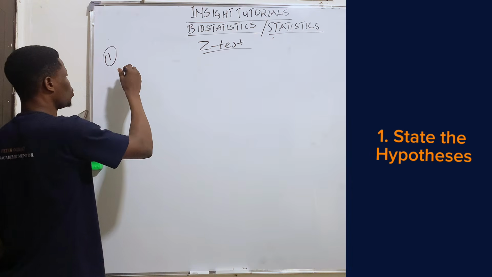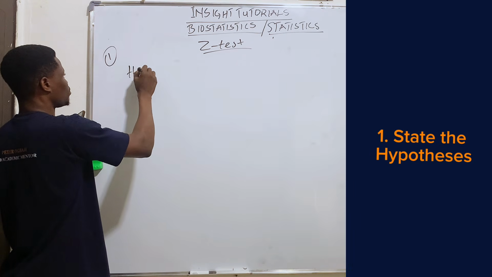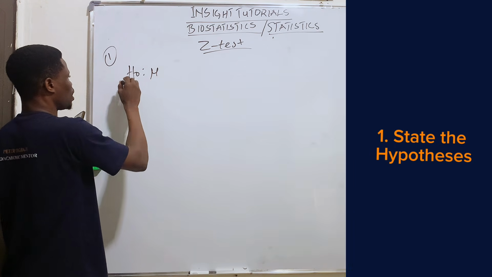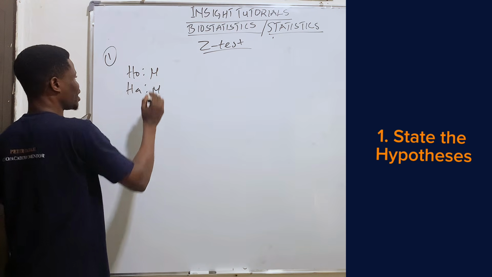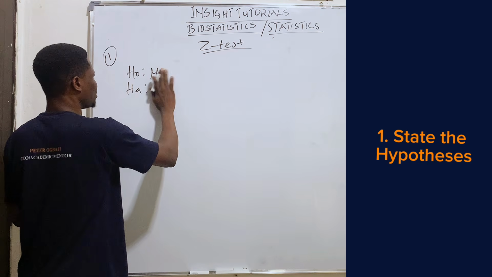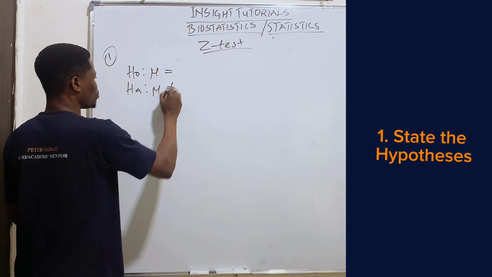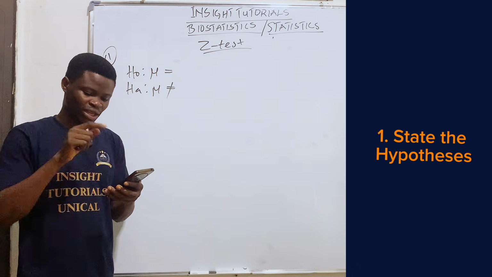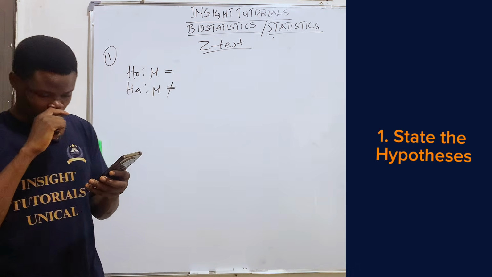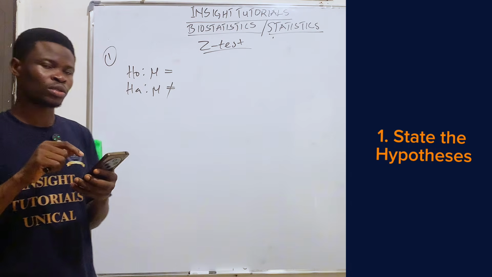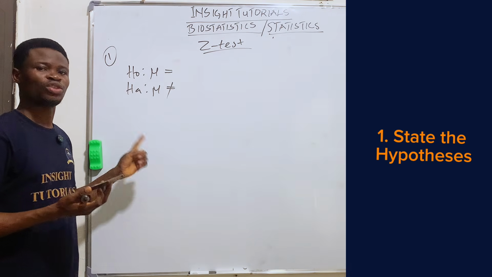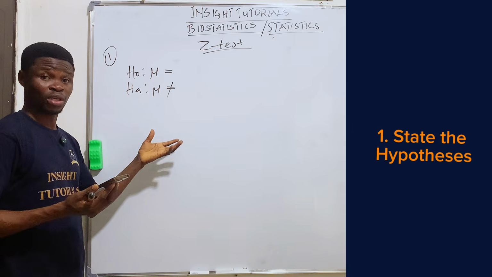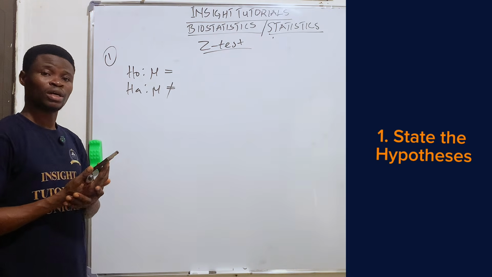So the first is that we're going to state the null and the alternative. I like stating them in symbols. Now pay attention. What is the argument of the Z-test? The Z-test argument is hinged on the population, the population's average.